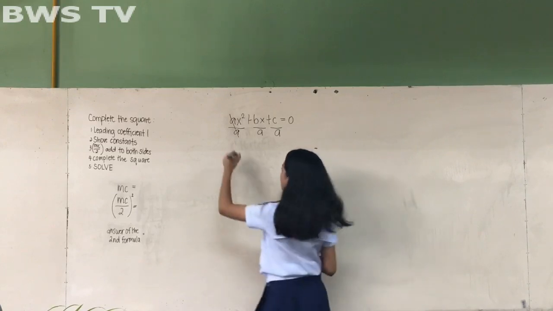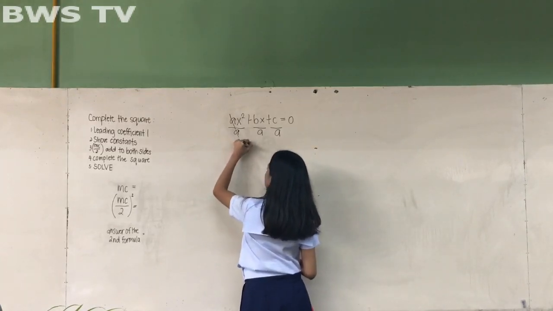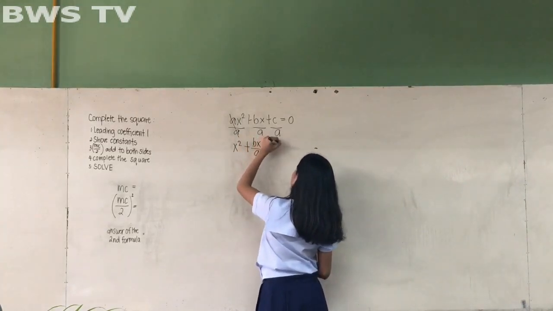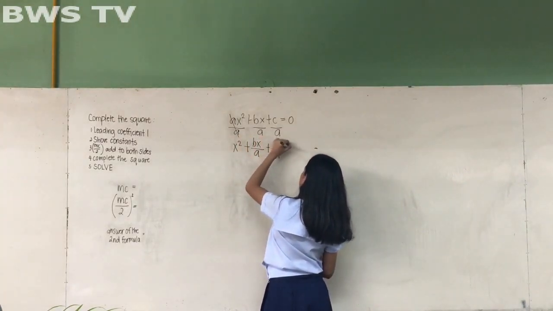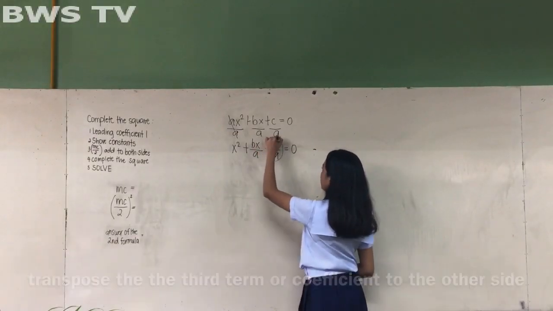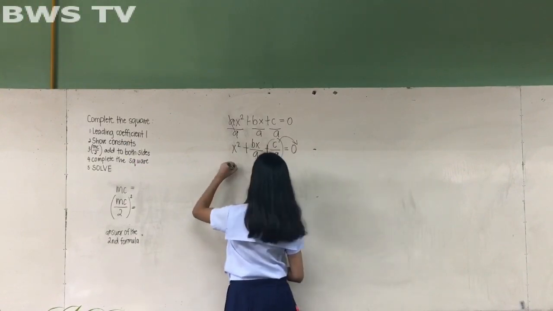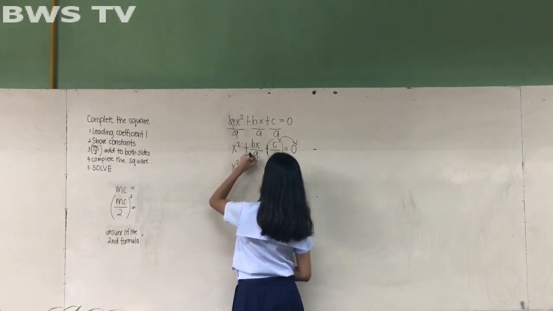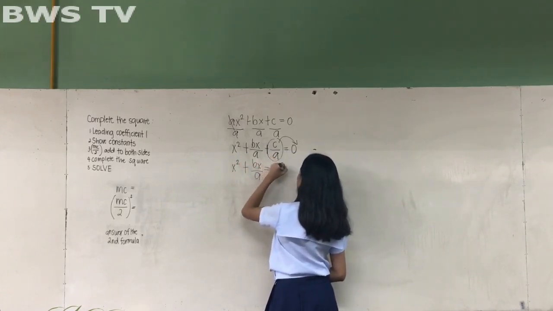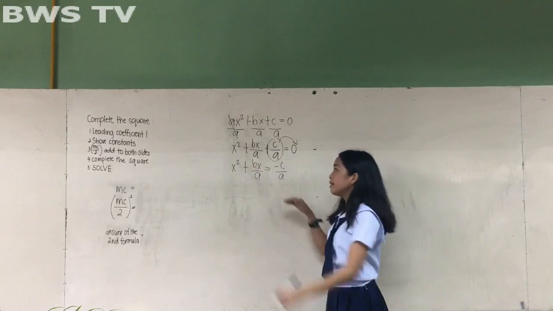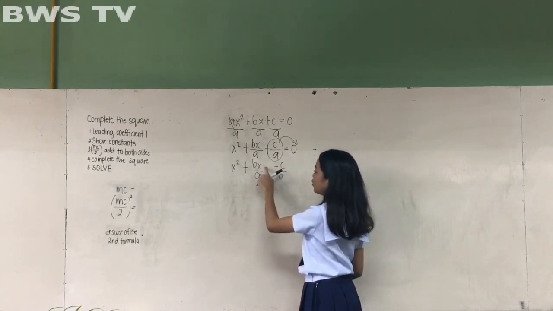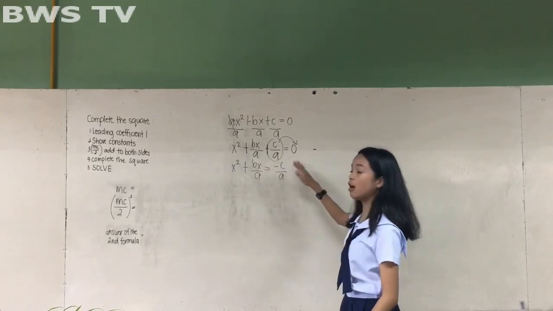So we will be left with x squared plus bx over a plus c over a is equal to 0. After that, we are going to transpose the third term to the other side. So it will become x squared plus bx over a is equal to negative c over a. It became negative because whenever you go across the equal sign, it will become the opposite.